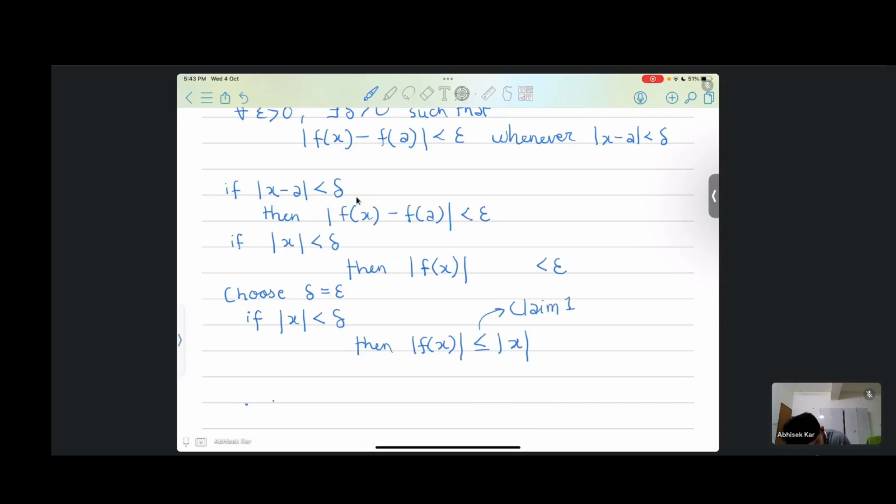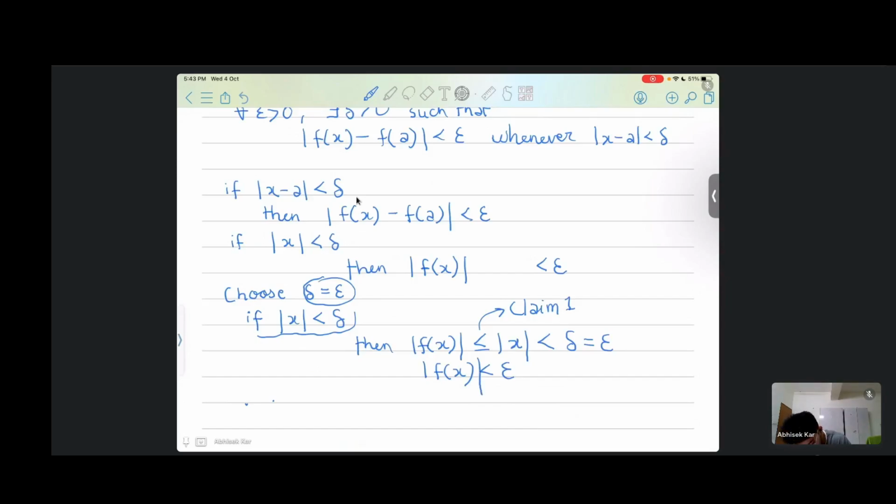We have already proven this, so we can use it. Now since mod of x is less than delta, and our delta is equal to epsilon, this is less than epsilon. So mod of f(x) is less than epsilon.